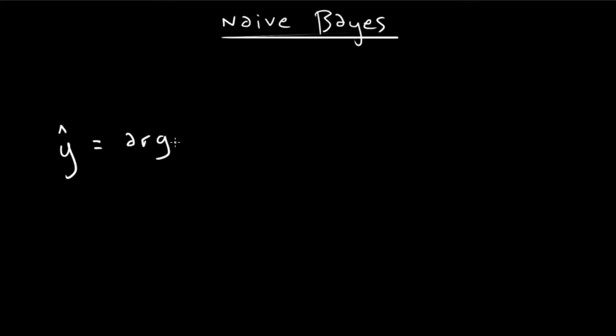In other words, just choosing the highest value out of a set of outputs where k is in some set of numbers between the first class all the way up to the maximum class. And so we have to generate that set of numbers.